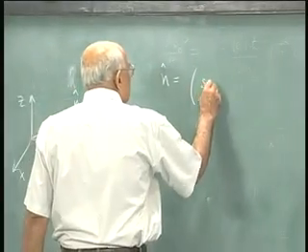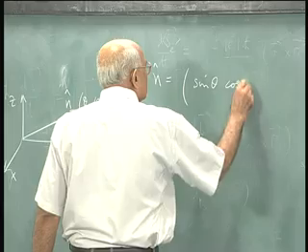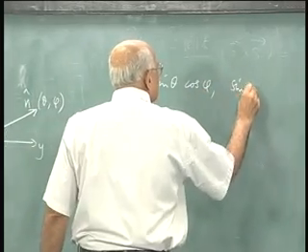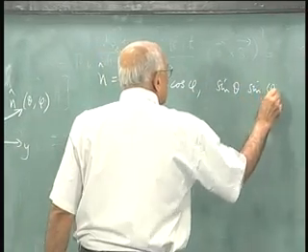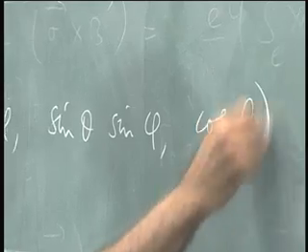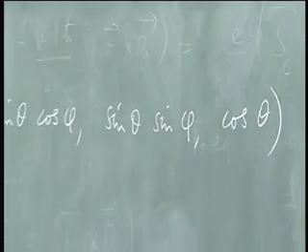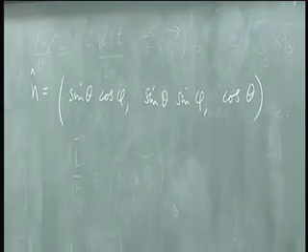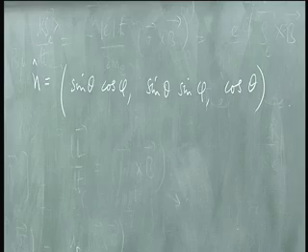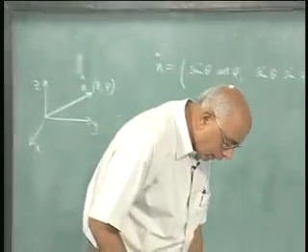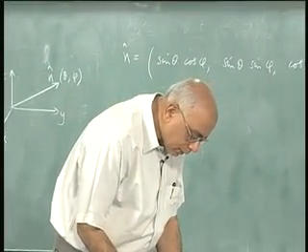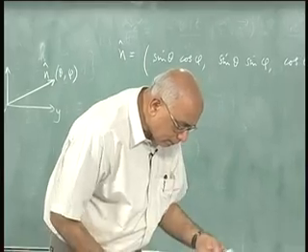So what is it in spherical polar coordinates? It is equal to (sin theta cos phi, sin theta sin phi, cos theta), such that mod n squared is 1, n dot n is 1. Now let me make the question precise.